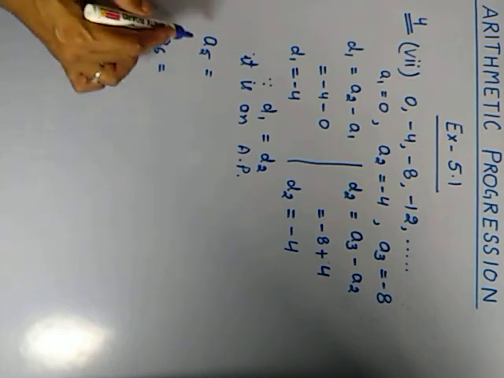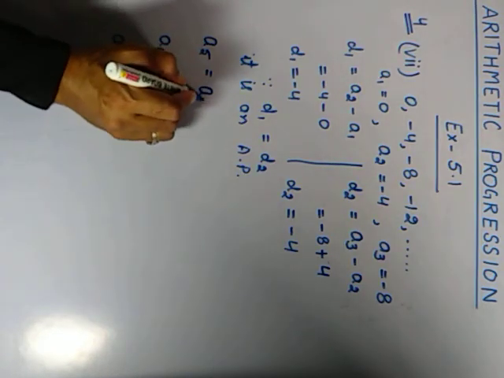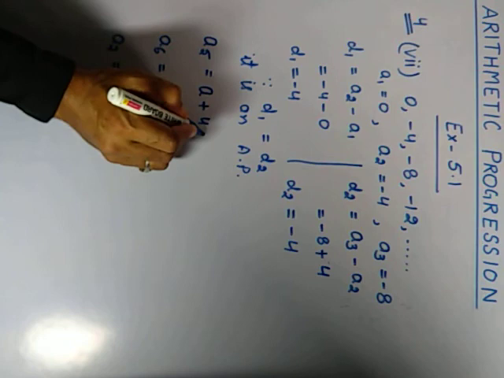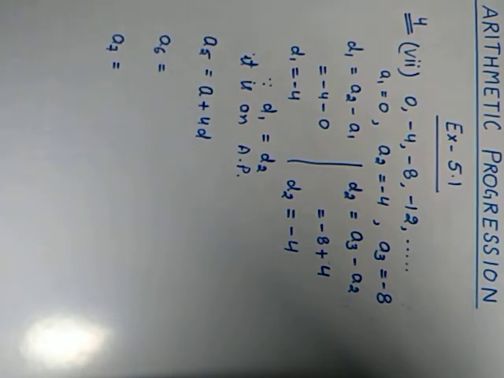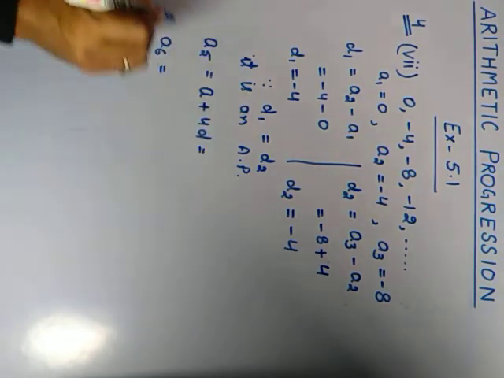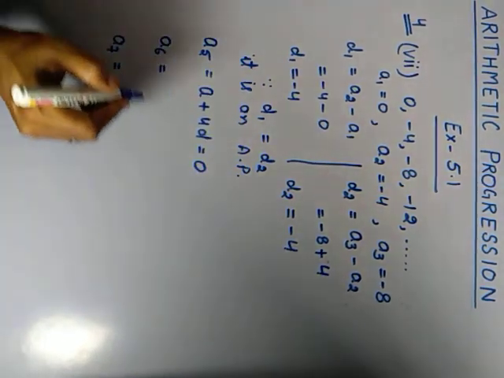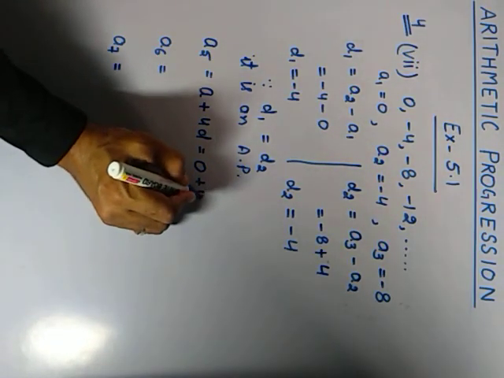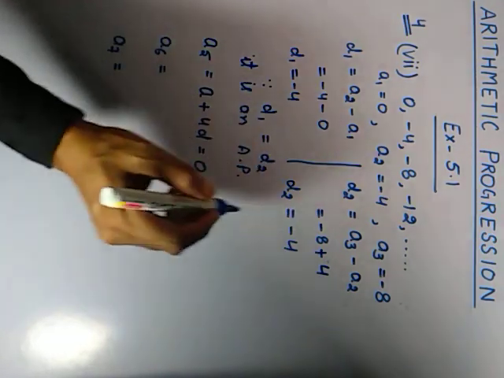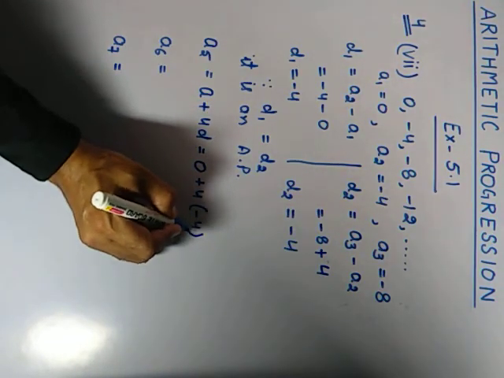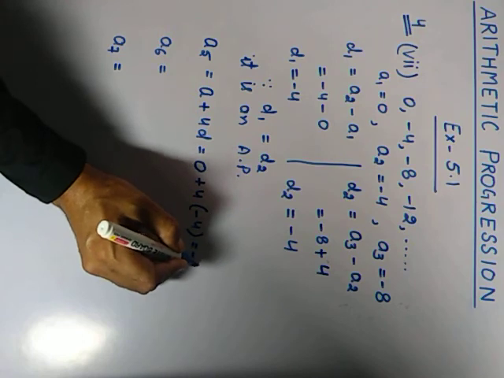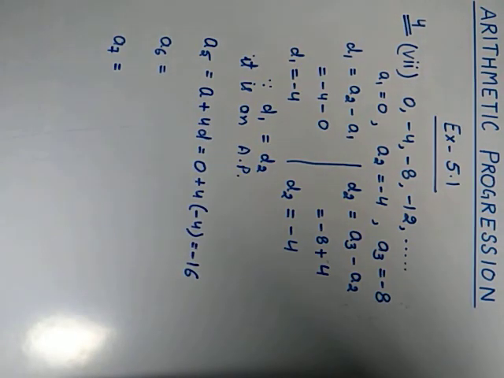So fifth term will be A plus 4D, which is equal to A is given 0 plus 4 and D, common difference, is minus 4. So which is equal to minus 16. So fifth term is minus 16.